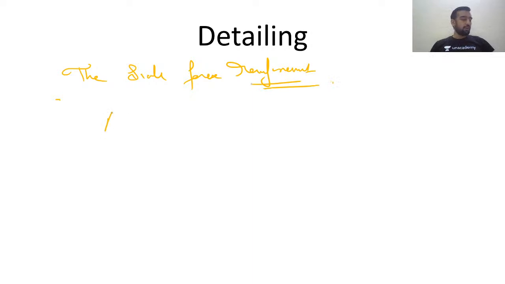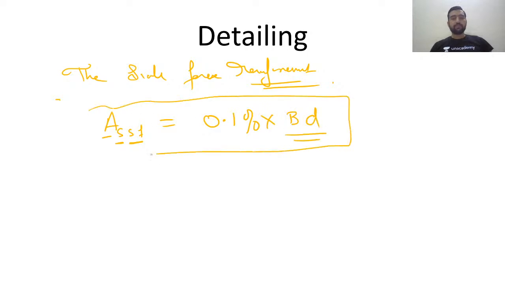It is denoted by area of steel, and this SF means side face. It is only 0.1% of the effective area. Okay, it is 0.1% of the effective area.